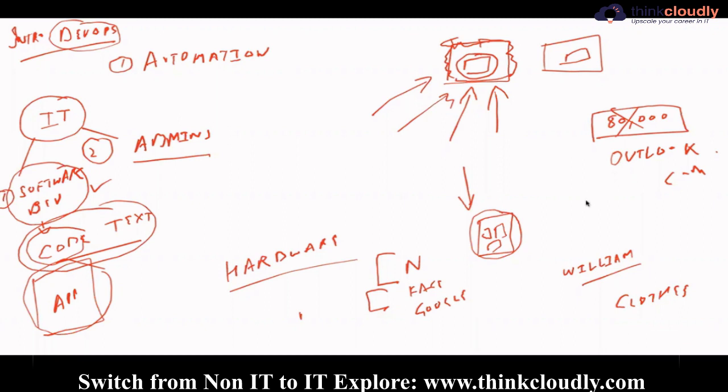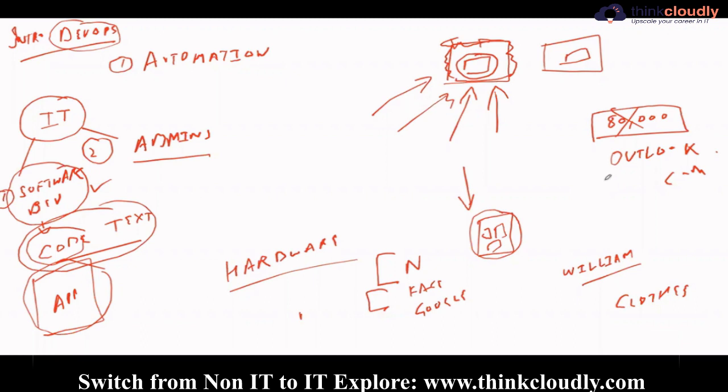So now, having all these servers, who is going to maintain these servers? Is it easy to maintain 80,000 servers? When you buy a car, you have to do maintenance every month. Can you imagine if you have 80,000 cars? So who will be doing that maintenance? If there is a machine, you have to do the maintenance.